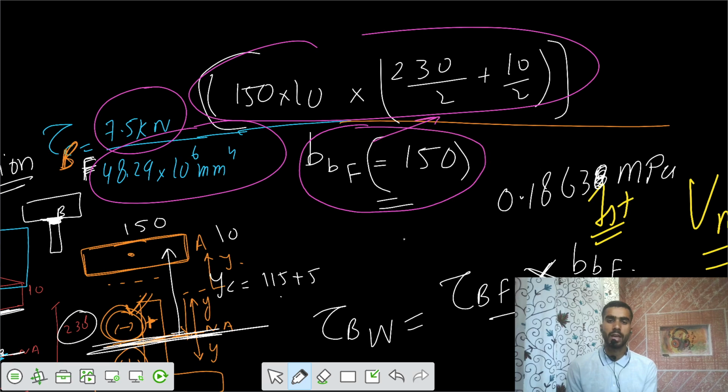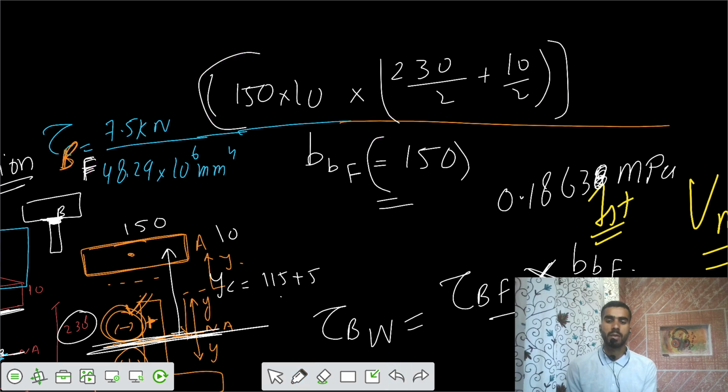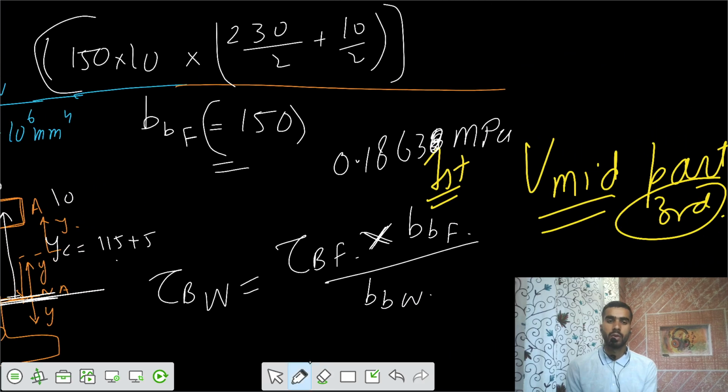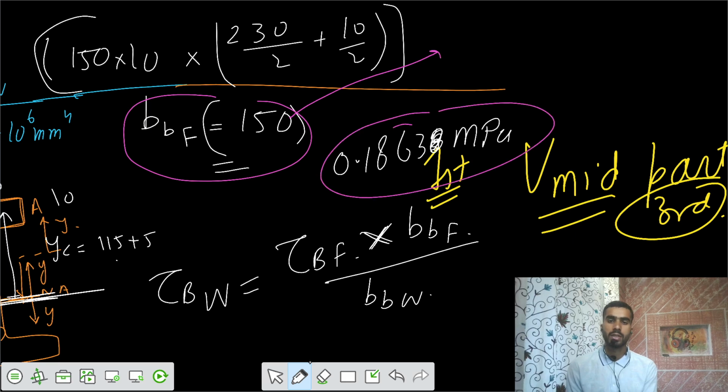Either you can take the flange width or the width of the web here also. Here, the width of the web. So with other parameters fixed, you multiply the overall stress you got for the flange and divide by the width of the web.